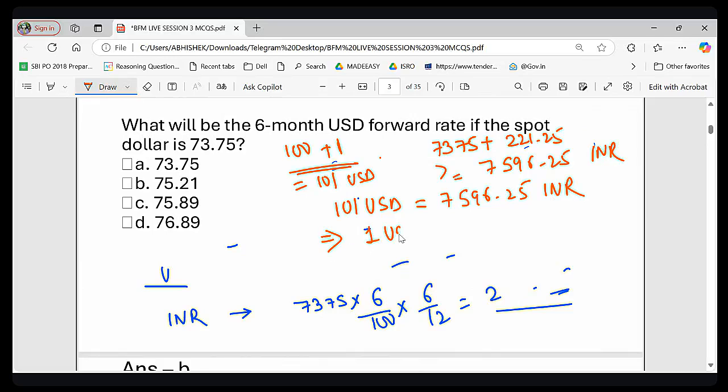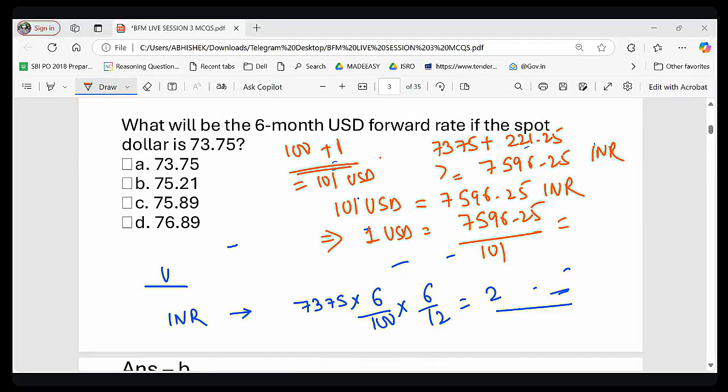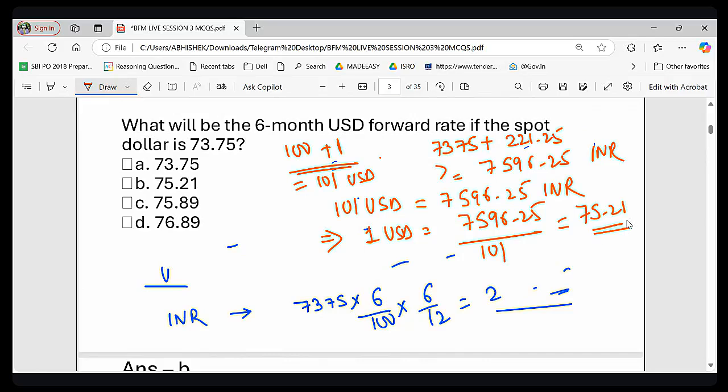So 1 USD will be how much? 7596.25 divided by 101. Just divide them and tell me the answer in the chat. I think you will get 75.21, isn't it? Are you getting the same?